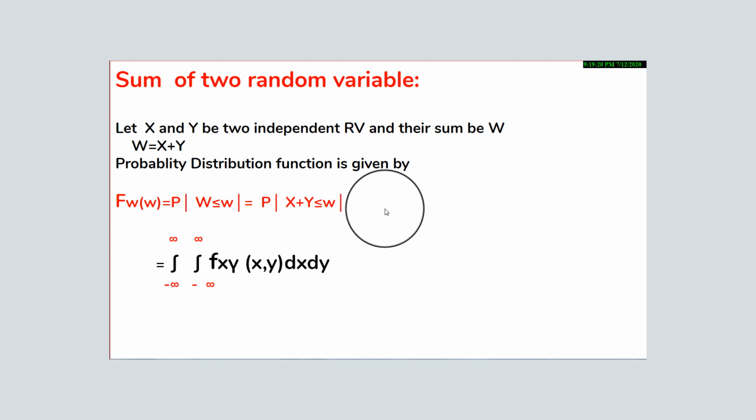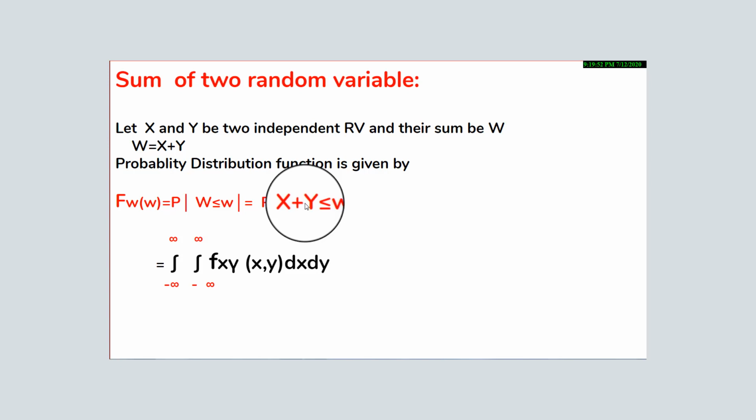In the previous discussion on a single random variable, how were we writing? For a single random variable we were writing F of x is equal to probability of capital X less than small x, right? Now over here, since we are using two variables, we can assign X plus Y as some other variable W, or we can keep it as it is, as X plus Y. This is in the discrete form.